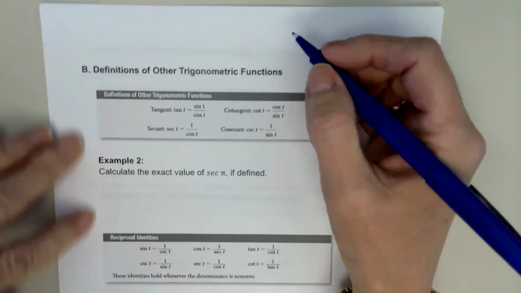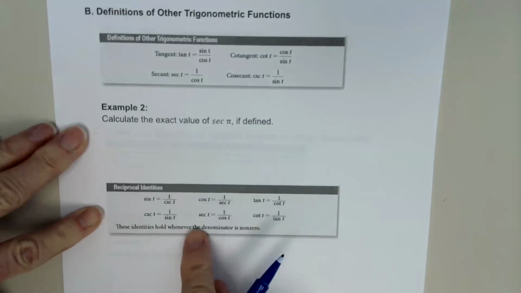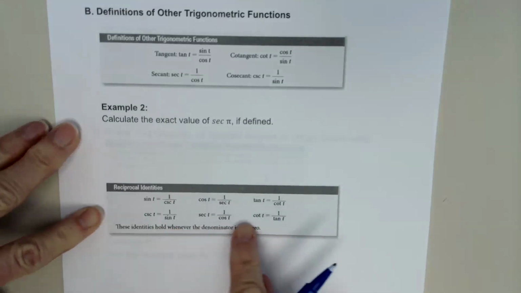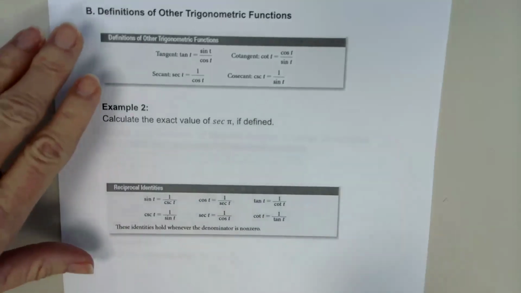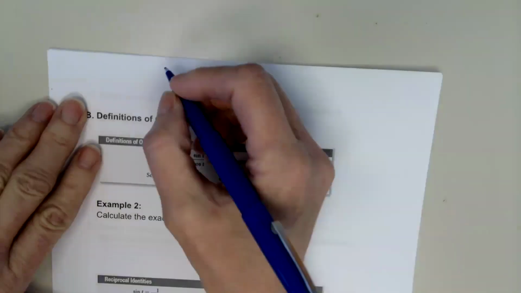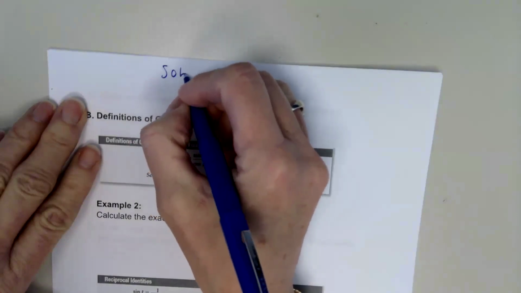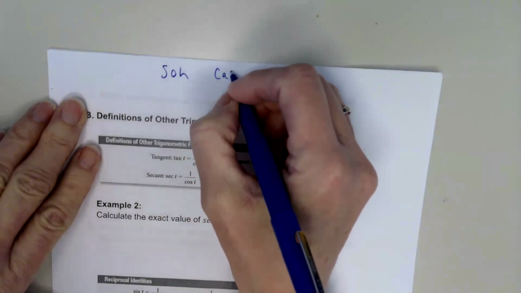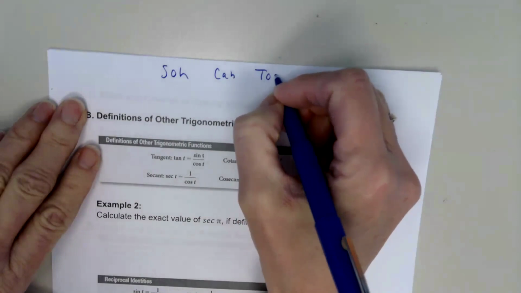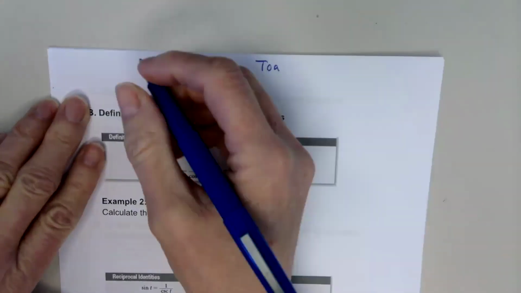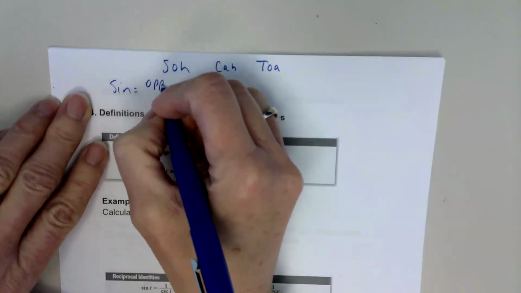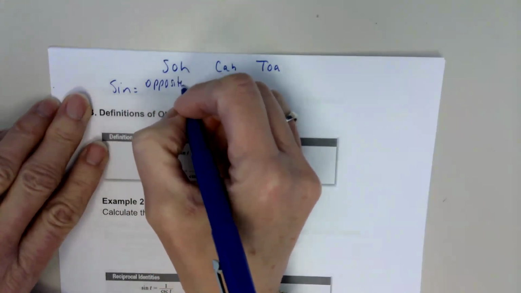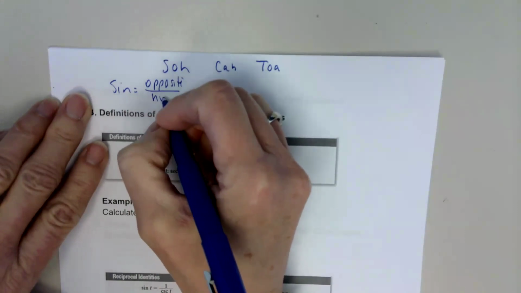And one way we can remember these is SOH CAH TOA, that's how I learned it. Sine is the opposite over the hypotenuse.